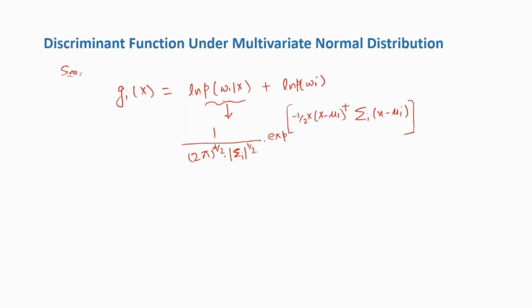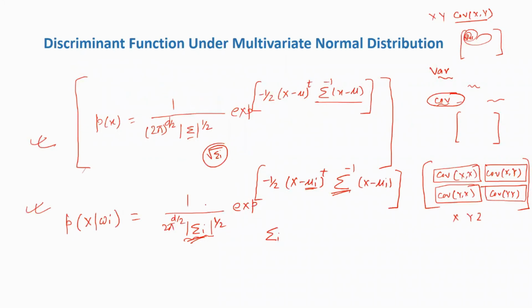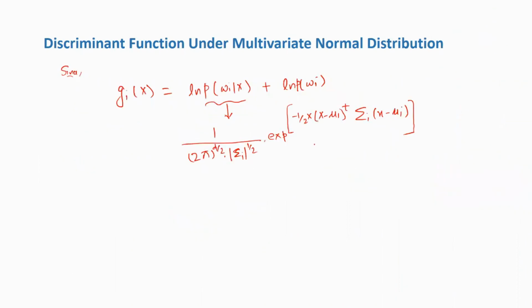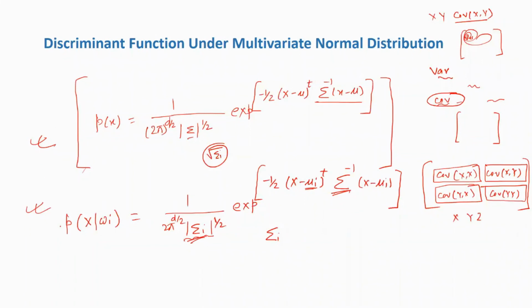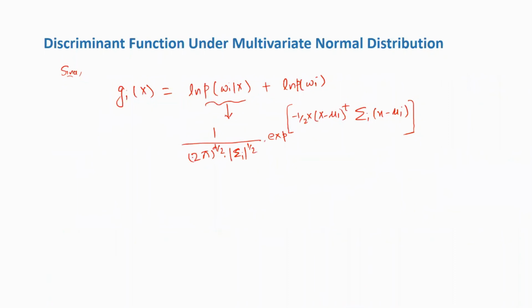In case of multivariate normal distribution, I can get the conditional probability. Basically, we are discussing conditional probability, right? So for the conditional probability distribution, we can take this value from here and put it here. The same thing, correct?